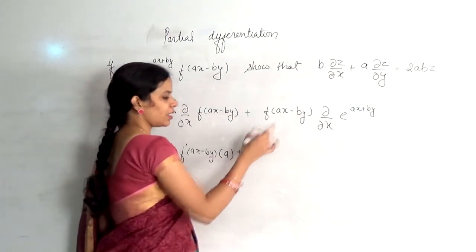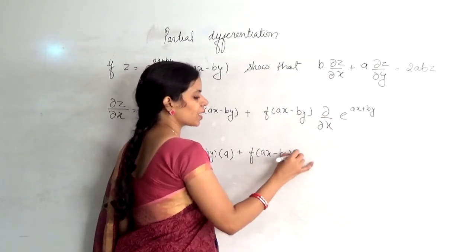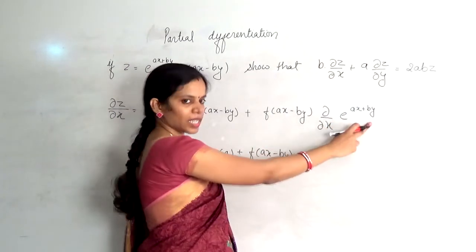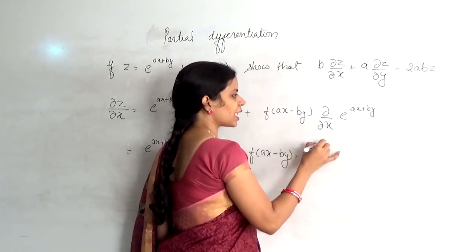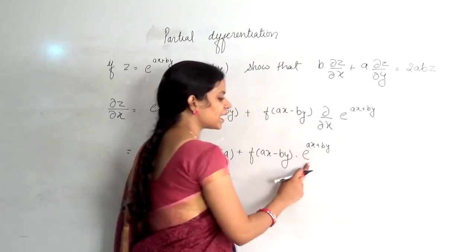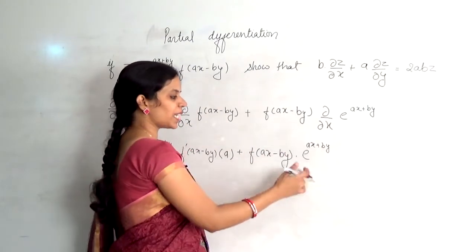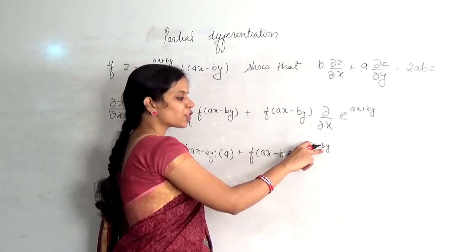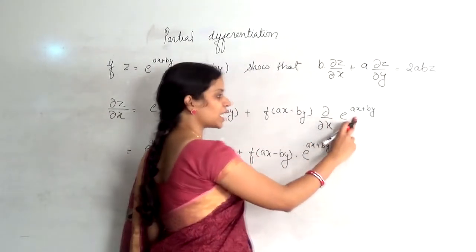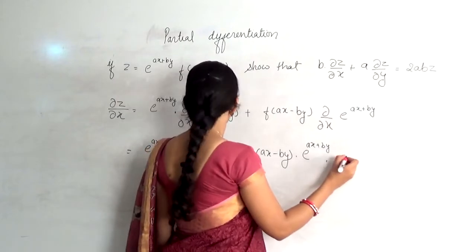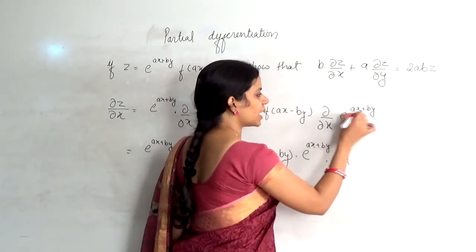Again here f(ax minus by), and if we differentiate e to the power ax plus by, we will get e to the power ax plus by, and differentiation of e to the power x will be e to the power x. Since here x will be ax plus by, again we need to differentiate ax plus by with respect to x. So we will get a.